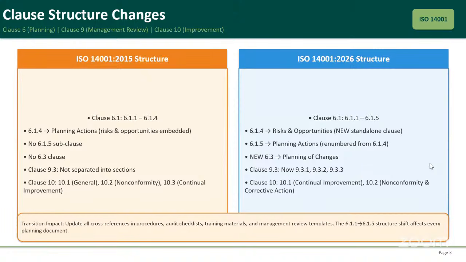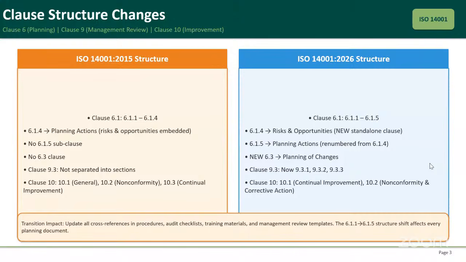Now, when you look at the 2015 version, under clause 6.1, this is the planning clause, clause 6. It initially has two subclauses: 6.1, which talks about the action to address the risks and opportunities, and clause 6.2, which talks about objectives.